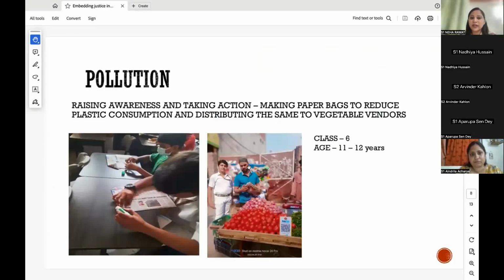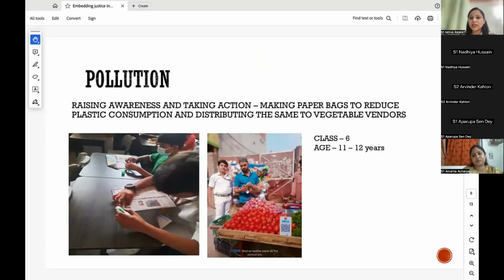And here again we have pollution, as we have taught earlier about air pollution. This is in general wherein we use a lot of plastic in our daily lives. So this is an activity wherein they were asked to make bags using newspapers, good sturdy bags, and all the bags which have been made by the students, but they were only asked to distribute the bags to the vegetable and the fruit vendors.